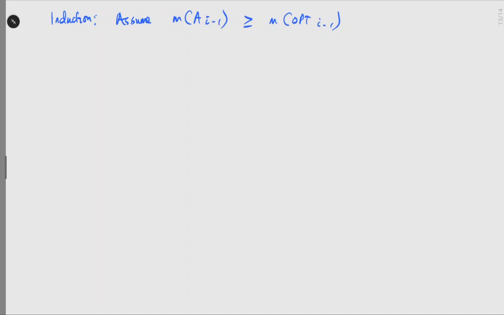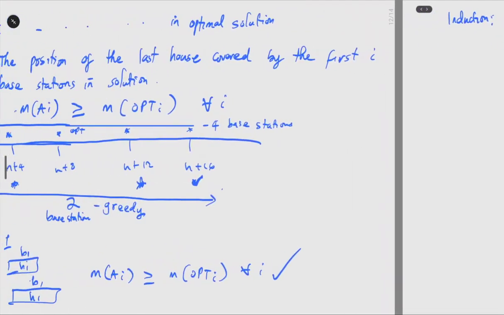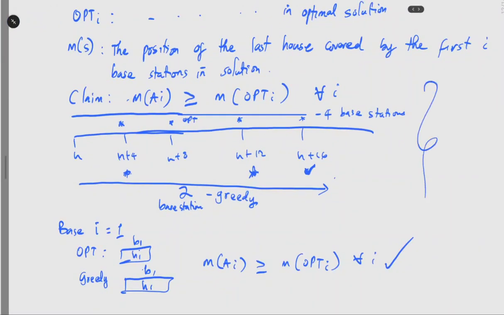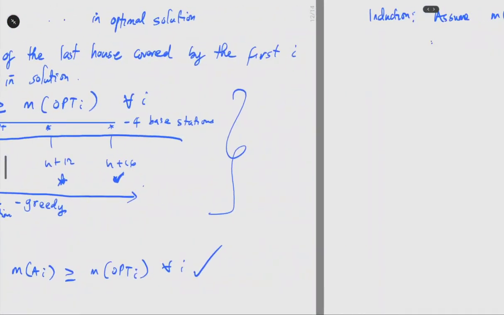So if that's the case, for a given i base stations, the greedy would cover more houses or distance than the optimal, and this implies that the greedy uses fewer base stations than the optimal solution for the same length of road. The illustration for this is the same as I've given here already. That's the illustration.